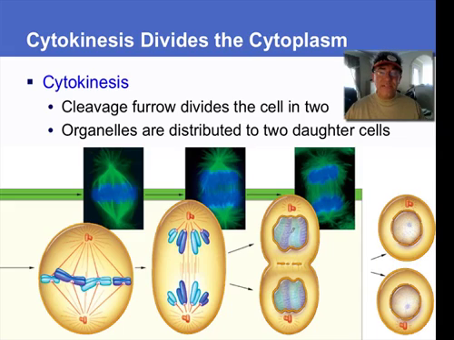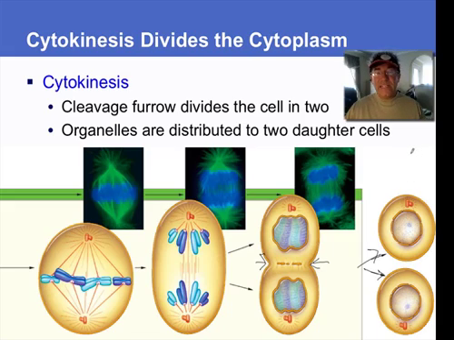So we need to divide this cell into two, and that's where the process of cytokinesis comes in. And this is cytokinesis here, where we split the cell into two. As you can see here, this cell is beginning to pinch in the middle and start to divide in two. So we have two daughter cells over here. These are called daughter cells.